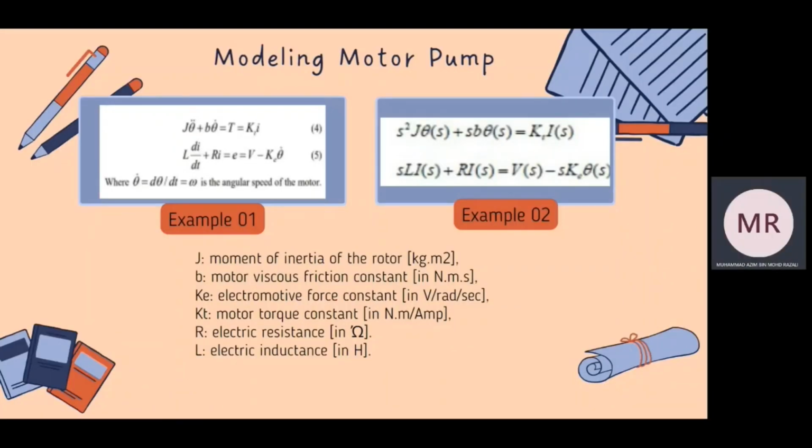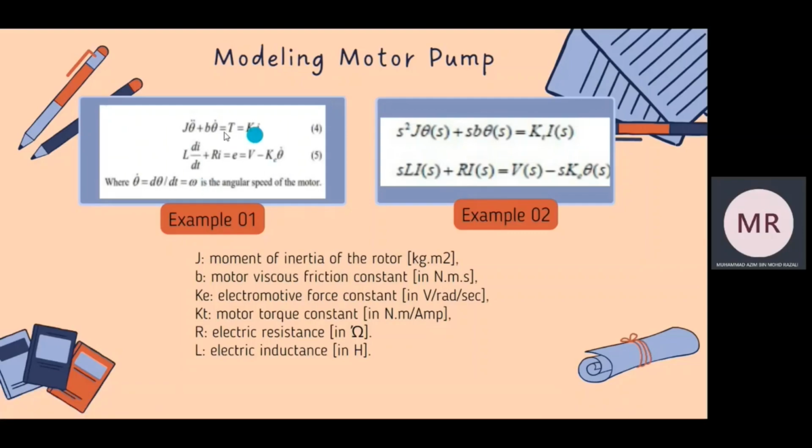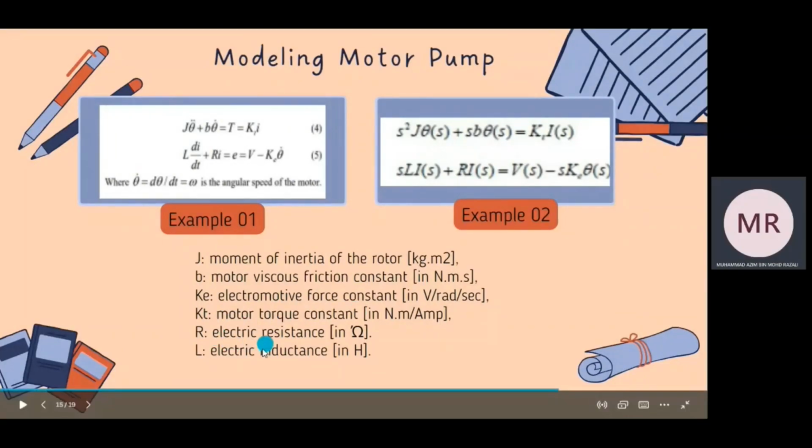This is the mathematical modeling for the motor pump. This is the motor pump formula, where J represents the moment of inertia of the motor, B is the motor viscous friction, KE is the electromotive force constant, KT is the motor torque constant, R is the electric resistance, and L is the electric inductance.